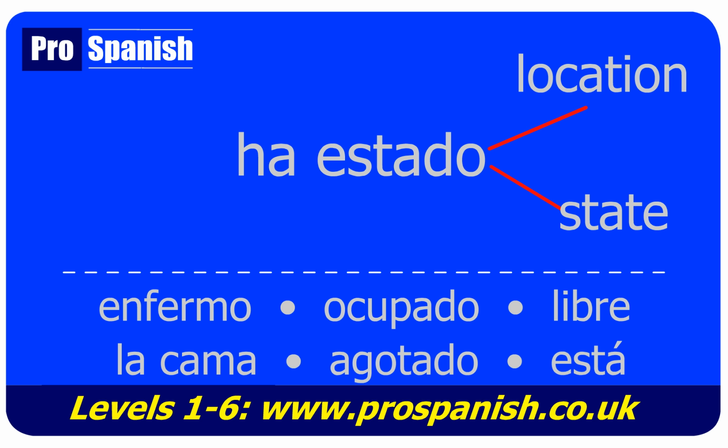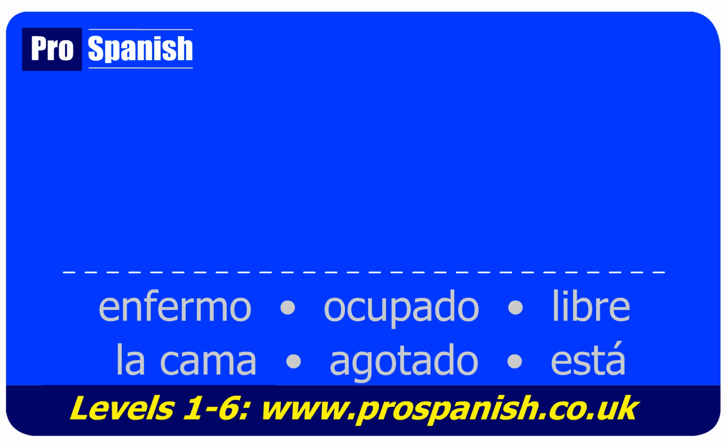Being angry. He's been angry all day. Would also be ha estado. But if it's not a state or location, then we need something else. Ha sido. So ha sido comes from the ser verb to be. So it's also he, she, it has been. And this will be used for anything that's an essential part of something.